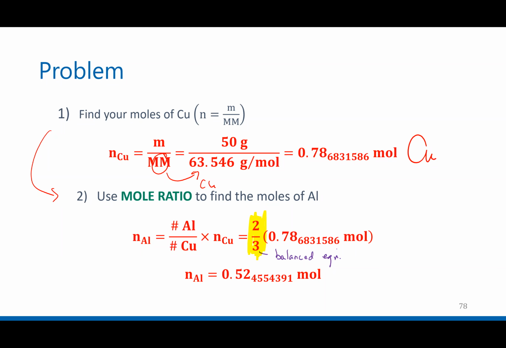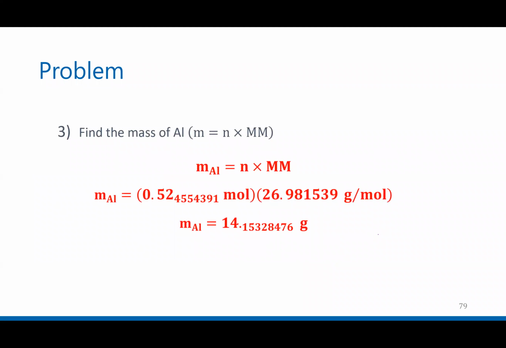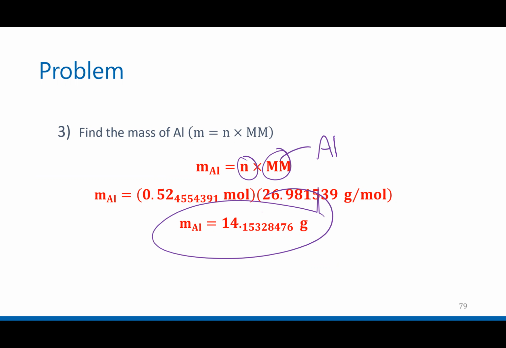It's 2 moles of aluminum for every 3 moles of copper. So I multiply it by 2/3, and I get my moles of aluminum. Now there's one step. The question is asking how much aluminum in grams. So I take my moles, I multiply it by my molar mass of aluminum, right? Make sure you use the molar mass of aluminum, and I get my answer, 14 grams.